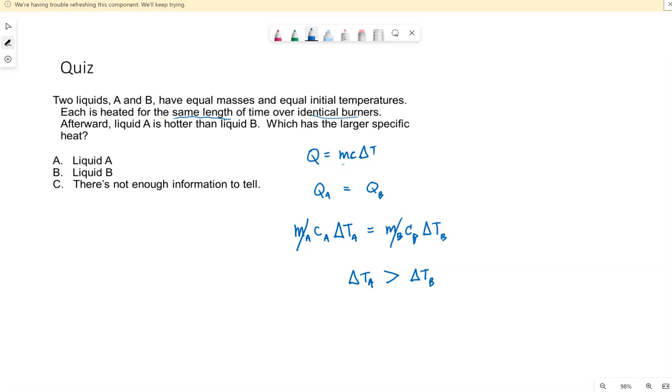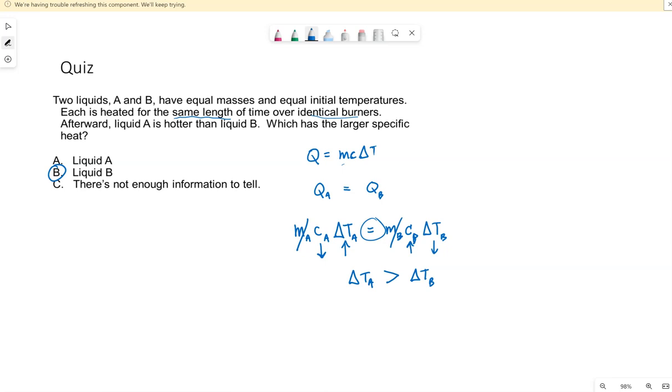Well, if delta T is bigger, then C of A has to be smaller in order to maintain this equality. If delta T for B is smaller, then specific heat has to be bigger. So liquid B has the larger specific heat.